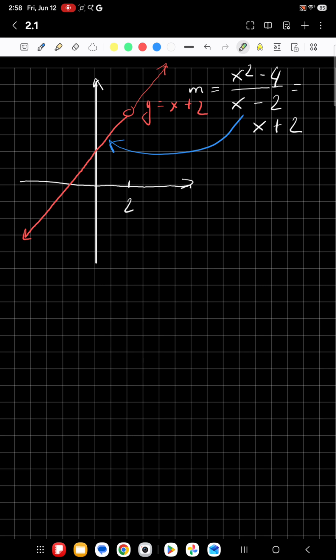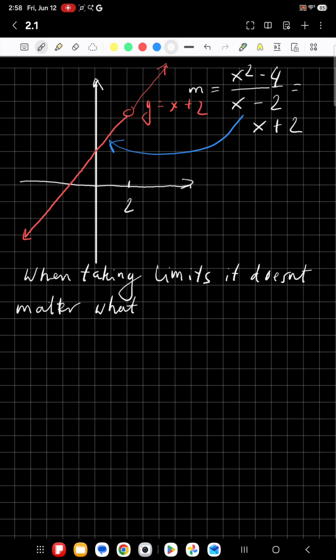Let me make another comment here. When we take a limit, let's write it. When taking limits, it doesn't matter what happens at that number c.